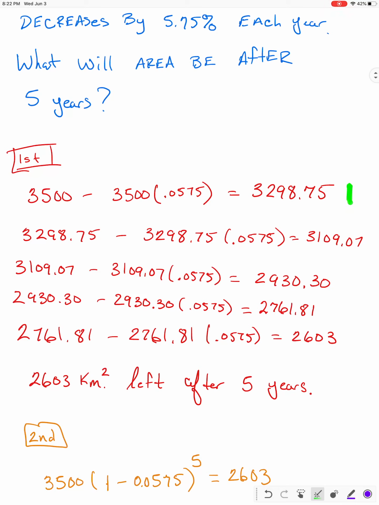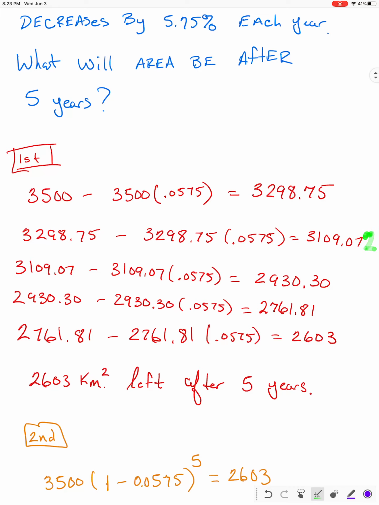So then in year two, we start with what we had at the end of year one, and we subtract away, again, 0.0575 of what we had. So that's 3,298.75. And we calculate that to be 3,109.07, and that's the second year.